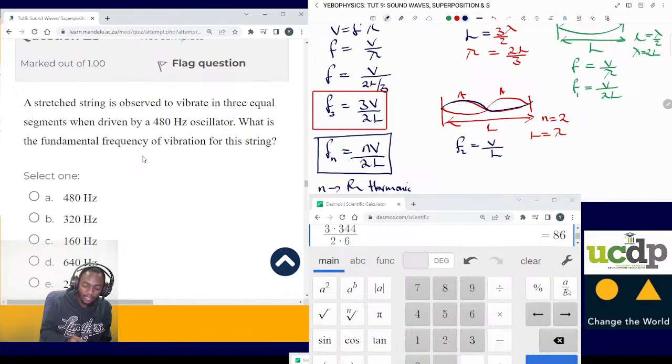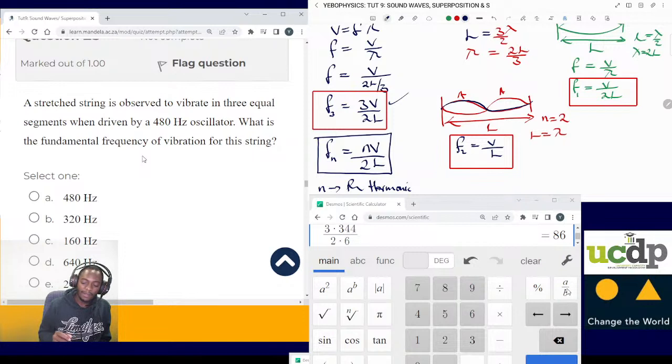So for n equals 1, if you substitute 1 in place of n, this is what you come up with. For n equals 2, if you put a 2 there, this cancels that, you remain with this. For n equals 3, substitute 3, this is what you get.